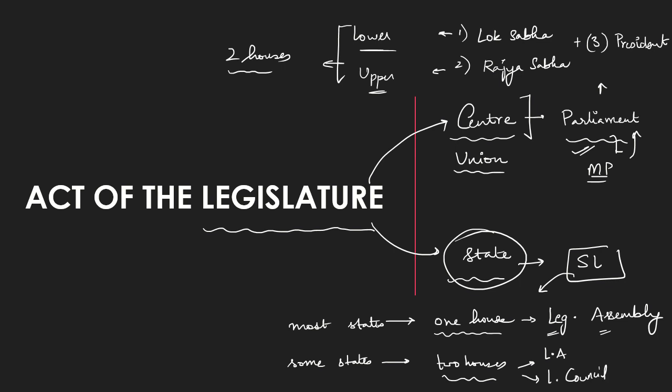Now, amongst these two houses, the Legislative Assembly becomes the lower and the Legislative Council becomes the higher. This was a little complicated. I know that. I'll just repeat this once for you. Don't worry.